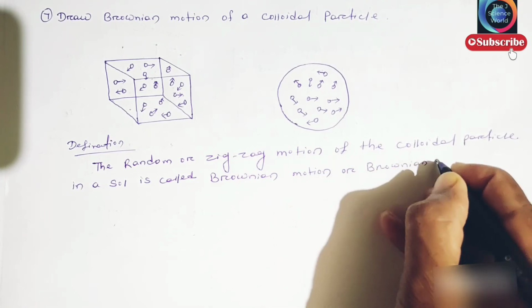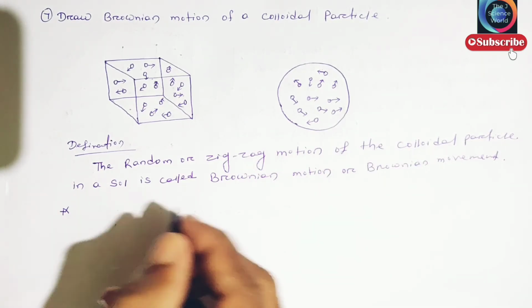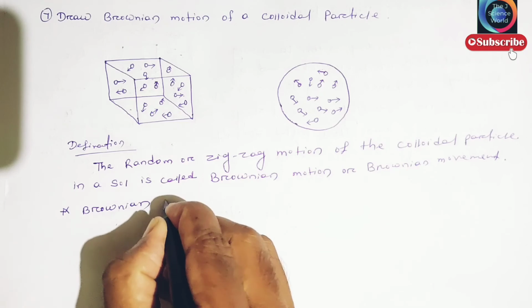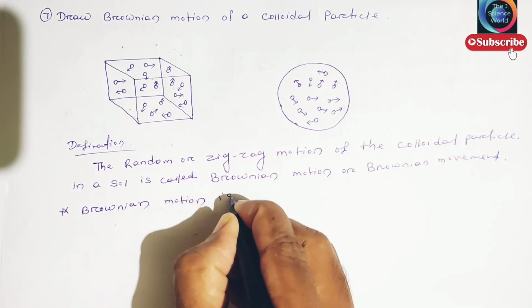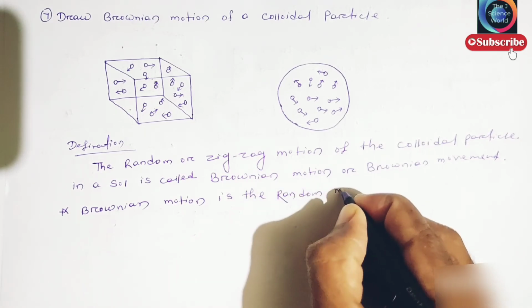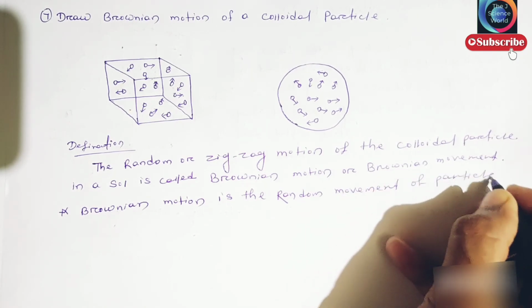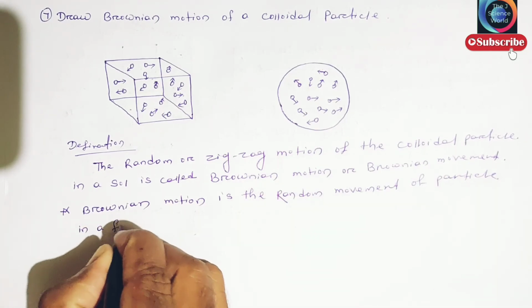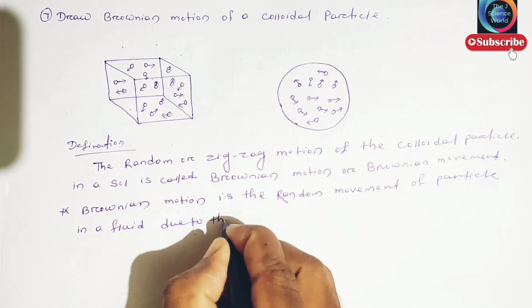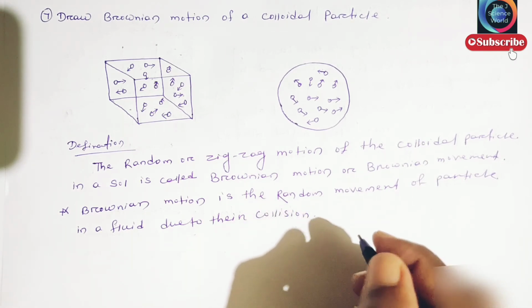We also write it like this: Brownian motion is the random movement of particles in a fluid due to their collisions with other atoms or molecules.